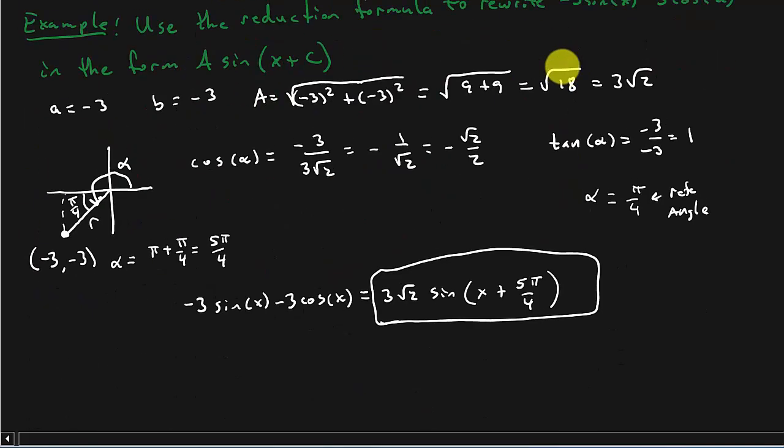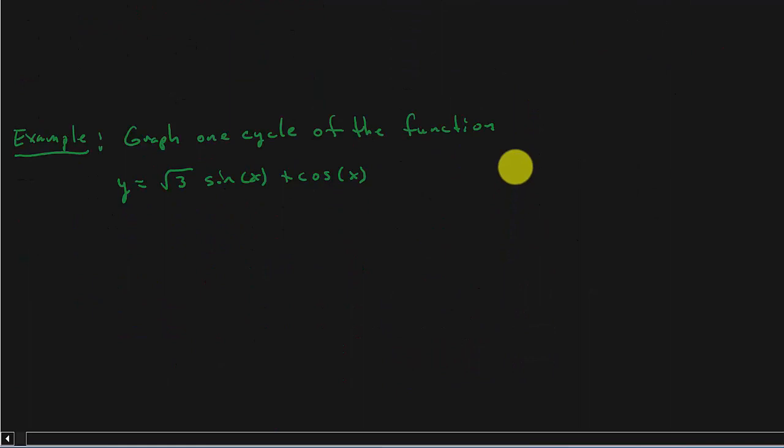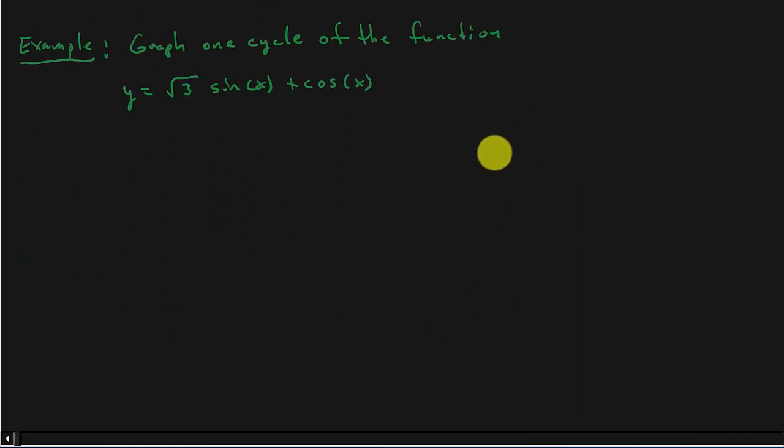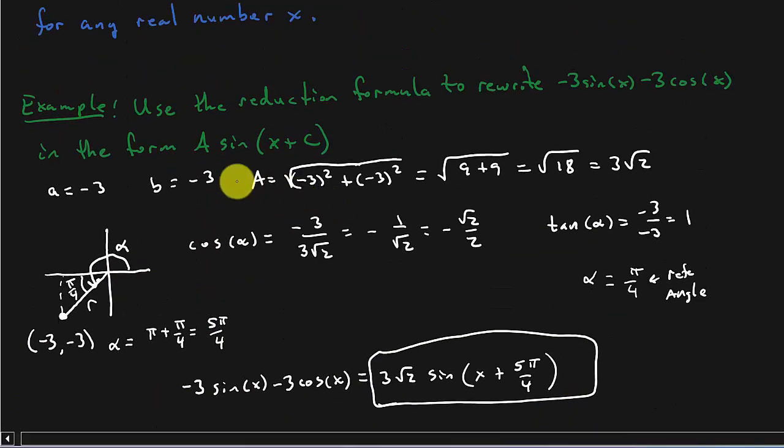Just think about this problem. Would you rather graph this one or this one? This one would be easier, wouldn't it? All right, so let's look at this. We have a is equal to the square root of 3, b is equal to 1. And now keep in mind, we're going to write this as y equals A sine x plus C. We'll just use the same notation that they used here.